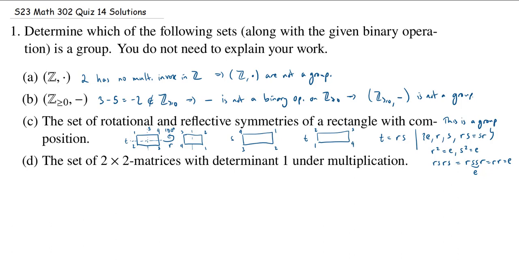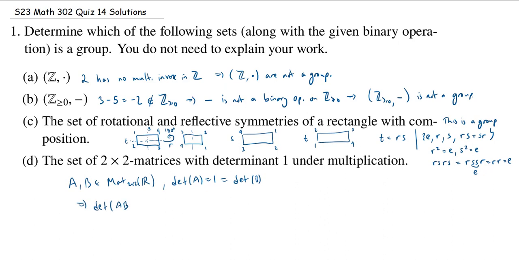All right, let's look at the last one, the set of 2 by 2 matrices with determinant 1 under multiplication. So first, if you multiply two 2 by 2 matrices with determinant 1, and we didn't specify, but maybe we'll say over the real numbers, and if I assume that the determinant of both of these is 1, then the determinant of their product, right?